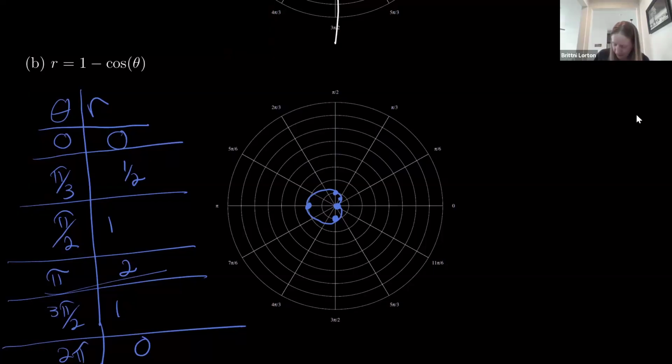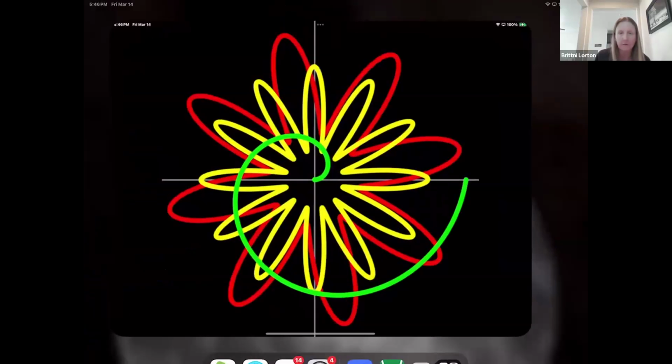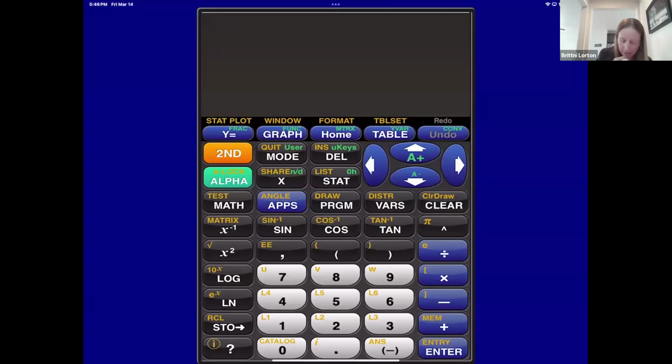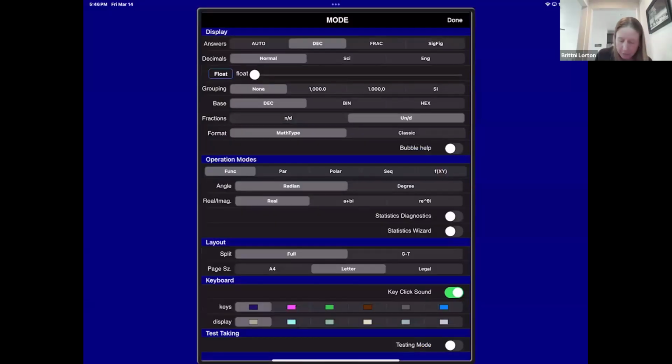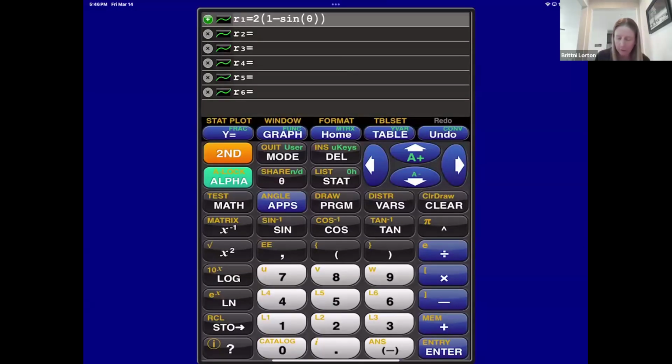Let me show you how to graph that in your graphing calculator, because I think that might help everybody. If you've got your TI-80 something calculator, you can go to your mode. Mine looks a little different than yours, but you can change it from function to polar, then go to your y equals and type in what you had, which was 1 minus cosine of theta.